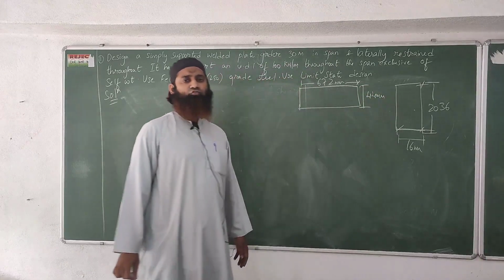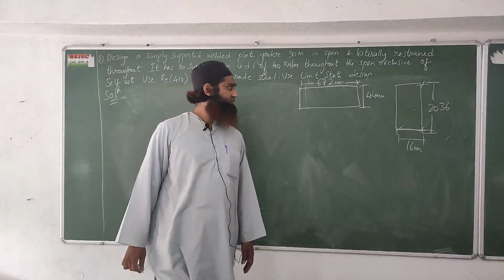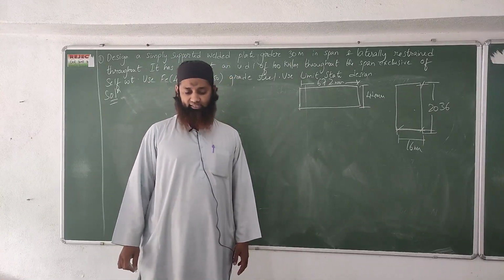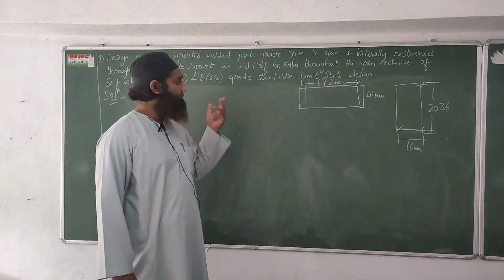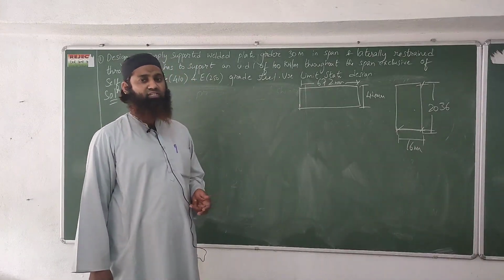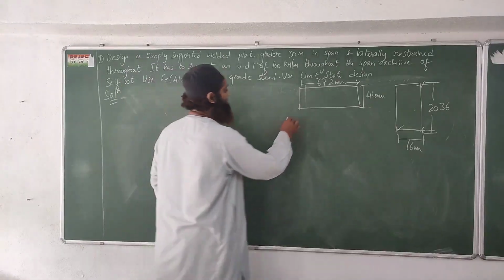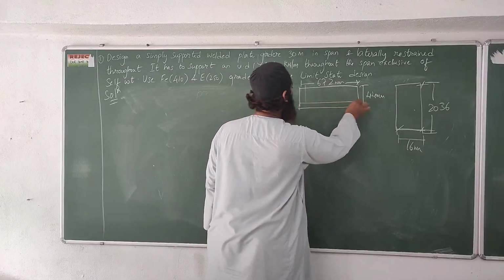As I had told you, a 44 mm thick plate is very thick and it can't be welded easily. So it is not practically feasible to weld this type of plate. So in those conditions, what do we do? We divide this plate into a number of plates.